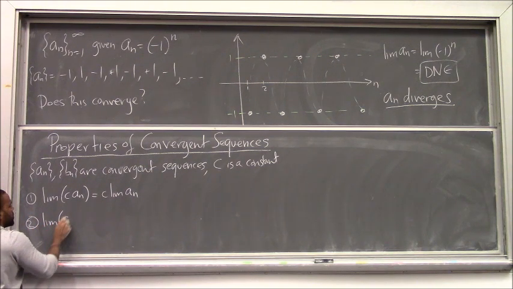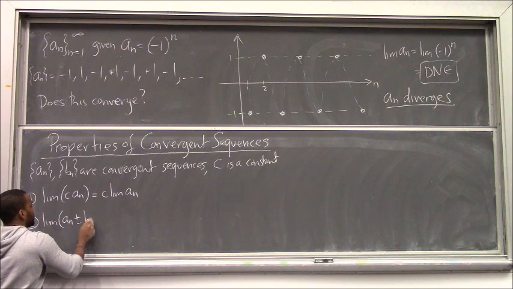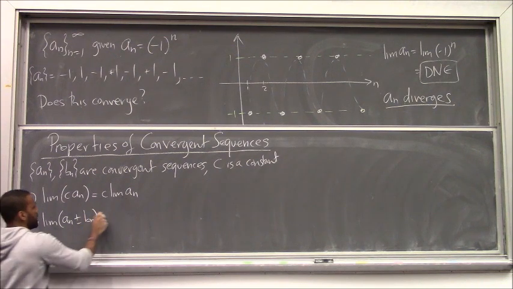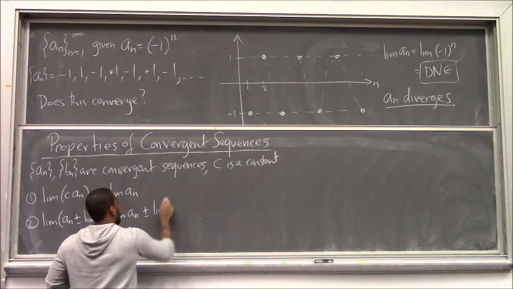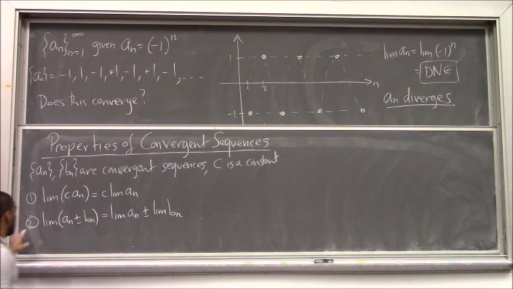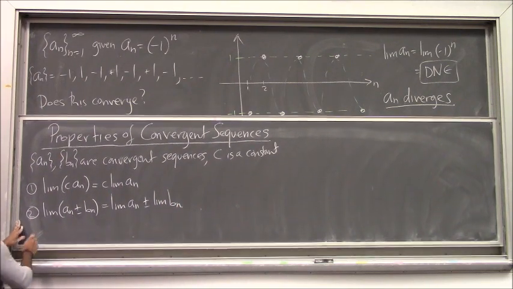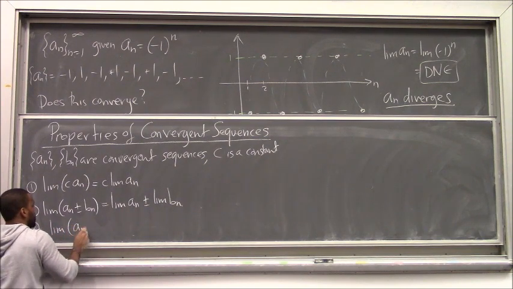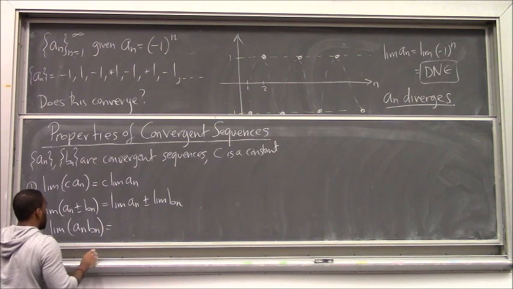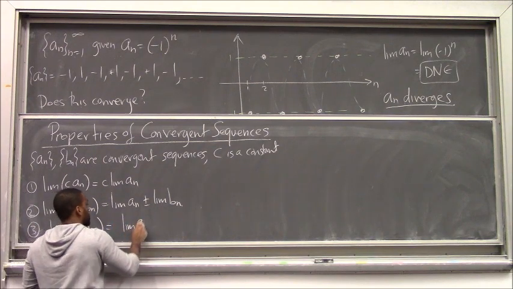Two, the limit of the sum or difference of two sequences is actually the sum or difference of the limits of the sequences. So limits still distribute across sums. Three, the limit of a product of sequences is the product of the limits of the sequences.